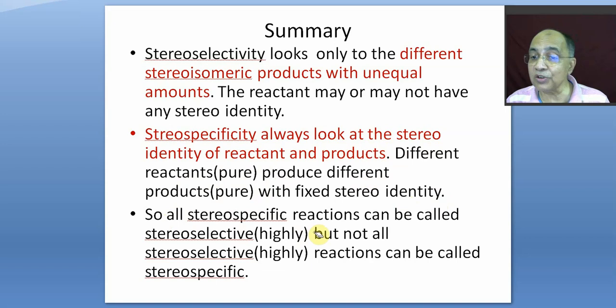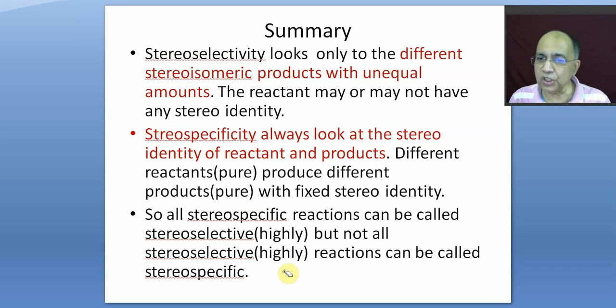So all stereospecific reactions can be called stereoselective, maybe highly stereoselective, but the vice versa is not correct. Not all stereoselective reactions, maybe highly, maybe nearly 100%, can be called truly stereospecific if there is no correlation between the reactant stereochemistry, stereo identity, and the product stereo identity. You can't call them that in the true sense.